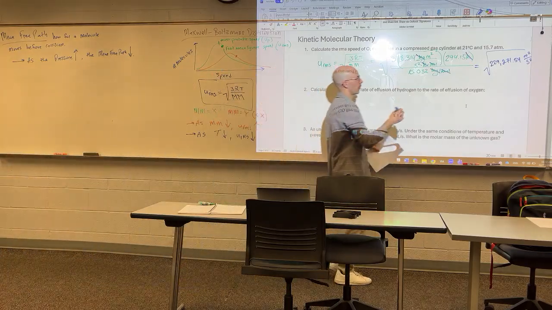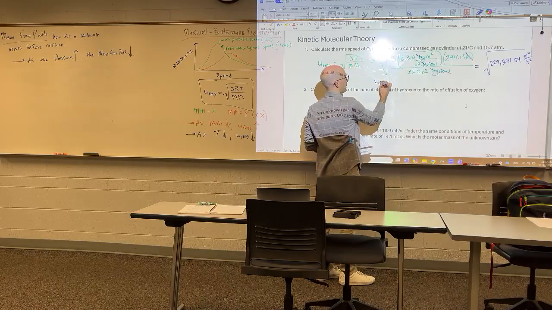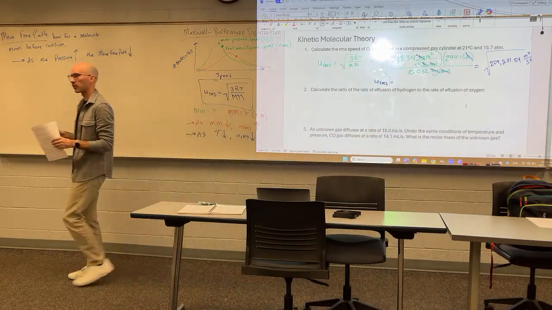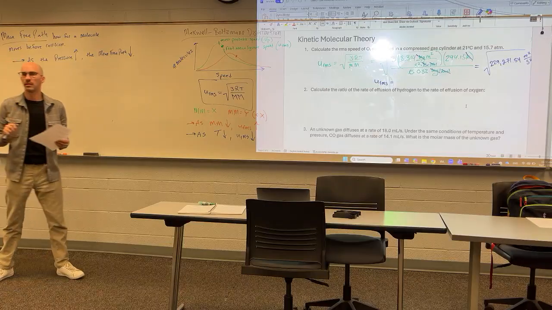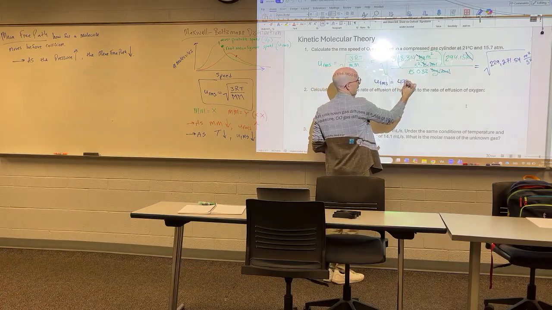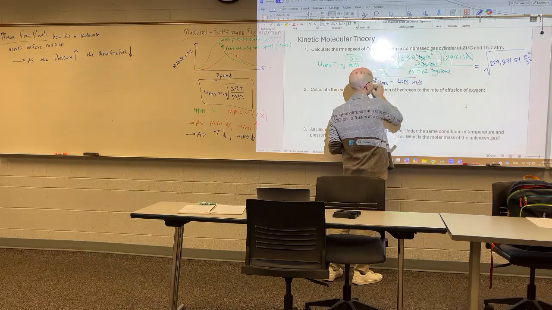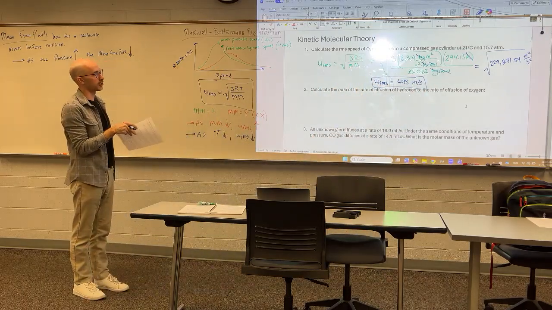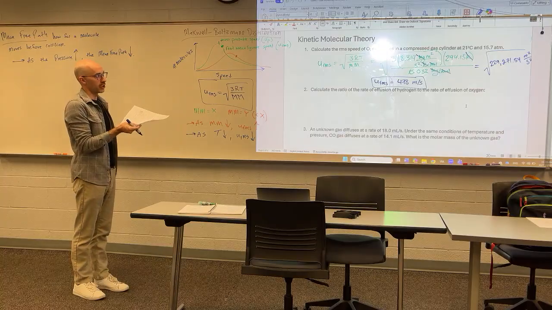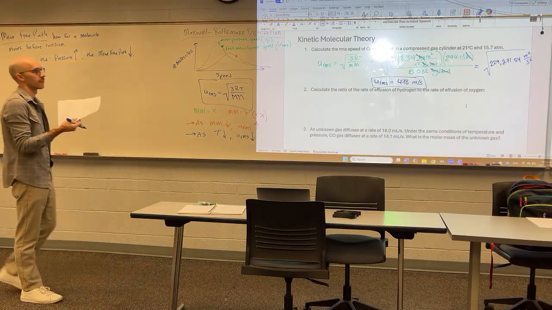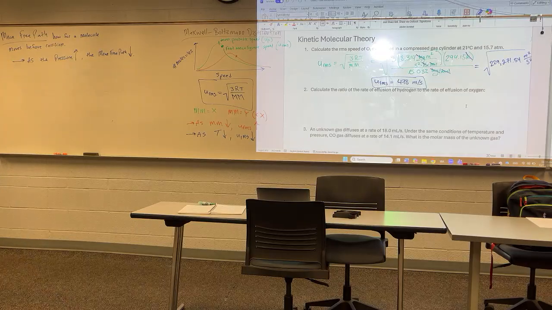Then I took the square root of that. So the root mean squared speed of oxygen molecules is 478 meters per second. I decided to round to 3 sig figs based on the pressure, although maybe I should have rounded to 2 based on the temperature, which would have given 480.